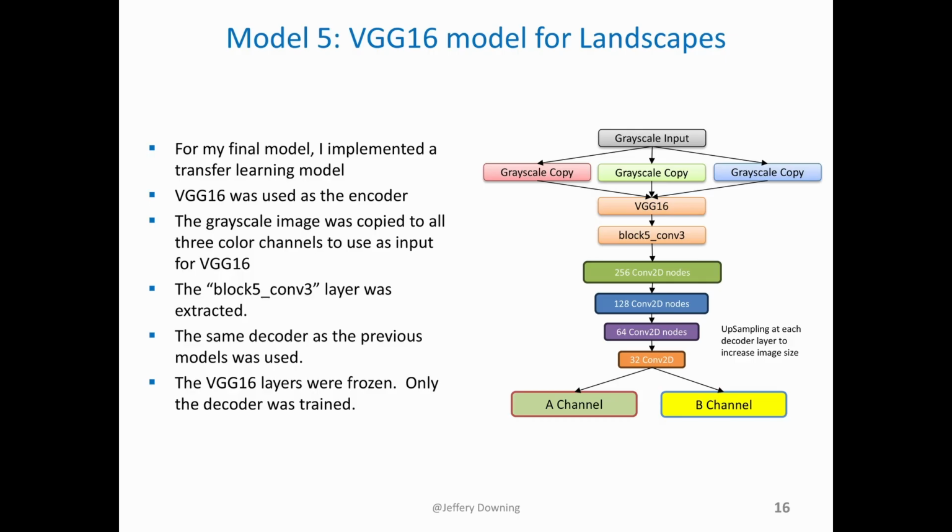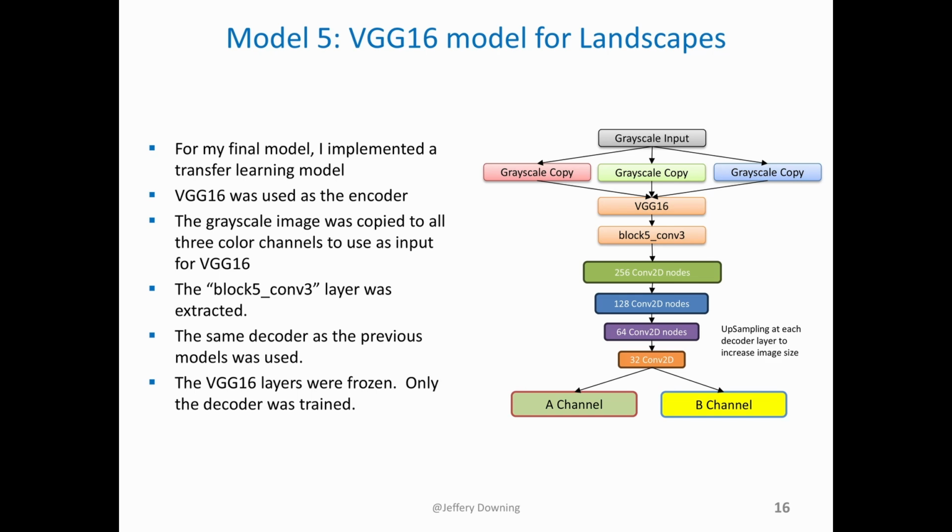So for my final model, I wanted to see if a transfer learning architecture could help alleviate some of these problems and help the model identify more patterns. And so I ended up using the VGG16 encoder, and then I would extract one of the blocks and use that as the input for my decoder.